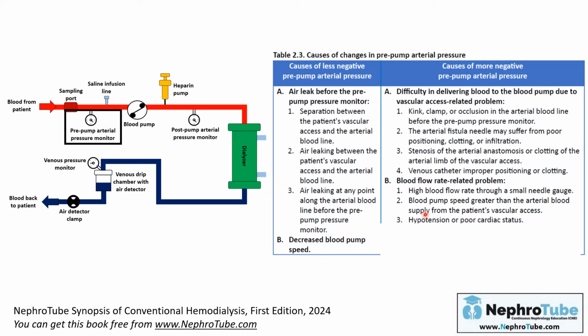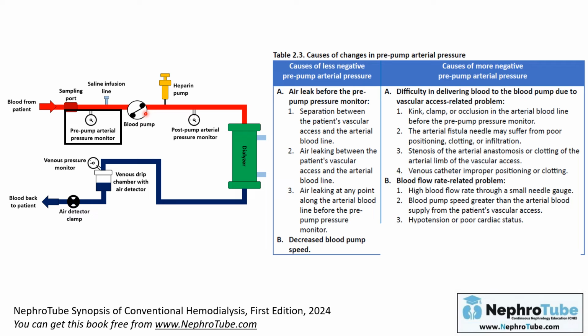Also, if the blood pump speed is higher than the arterial blood coming out from the vascular access, if the patient has a vascular access problem. So the vascular access supplies the blood in a very poor manner, but the blood pump speed is very high.